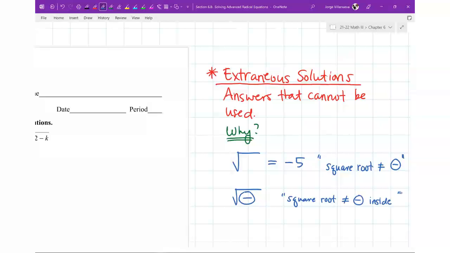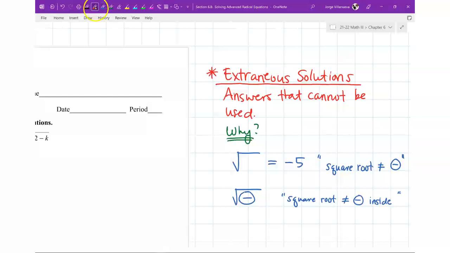Once we find our answers, we're going to plug them back into our problem, and we're going to see, does this say that the square root equals a negative number? Because if it does, then I can't use it. Or does this say that the square root is negative on the inside? Because if it is negative on the inside, then I can't use it either. Okay, so two situations that I've got to be aware of.